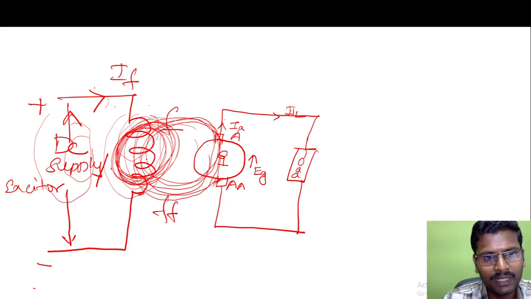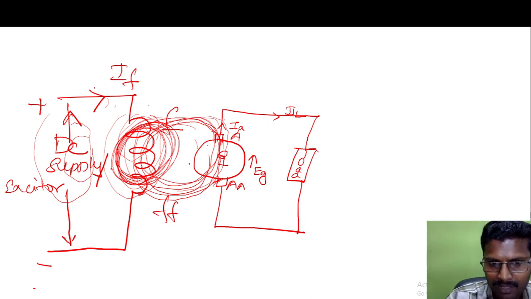Now the field winding flux is getting induced in the armature winding, and this principle is nothing but the mutual induction principle. Now the field winding flux and the armature winding residual flux will link each other, and a new flux will be created in the armature winding.